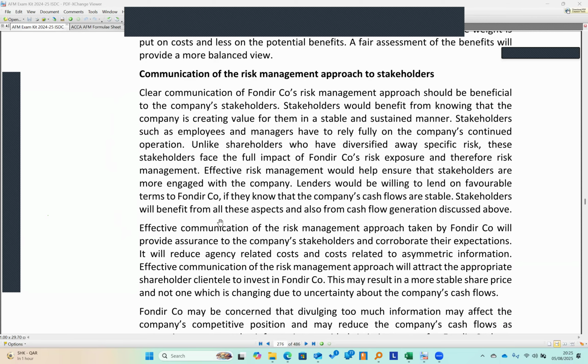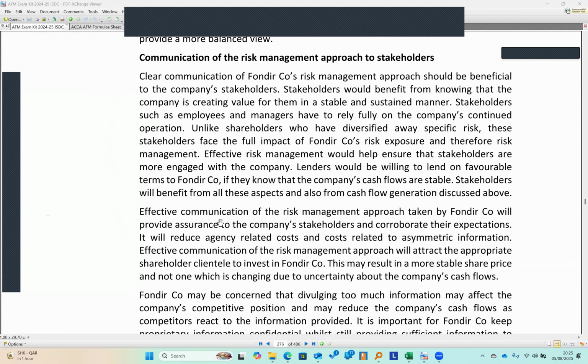But what we want to finish with is whether or not they should communicate the approach to the stakeholders. Okay, and they're saying that it's beneficial to the company stakeholders so that they know that the company is creating value for them in a stable and sustainable manner. So employees and managers need to understand the company's continued operation. If the company is not dealing with risks very well, it may not last for the next 5 years.